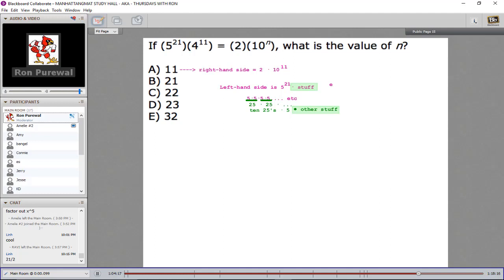So this is already way, way bigger than the right-hand side with choice A, and that's without even accounting for the 4 to the 11th. If you actually do use the 4 to the 11th, it's going to be even bigger. So that's not going to work.